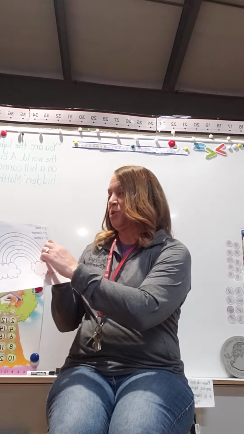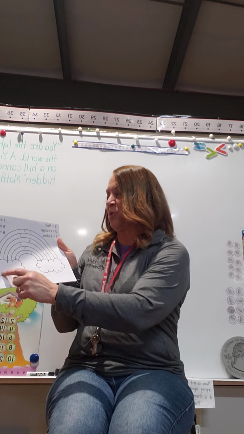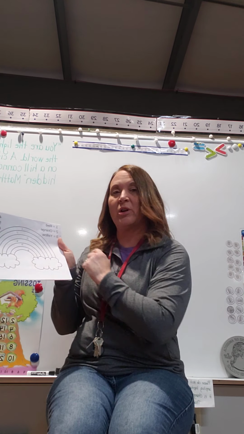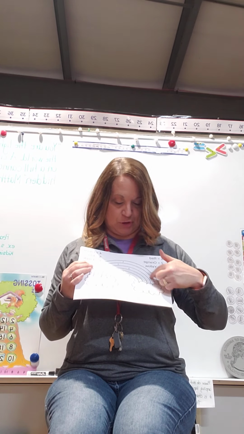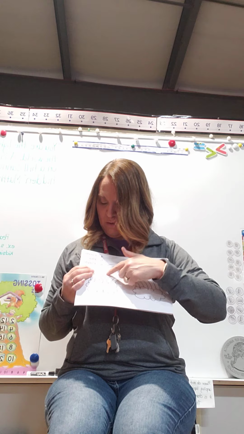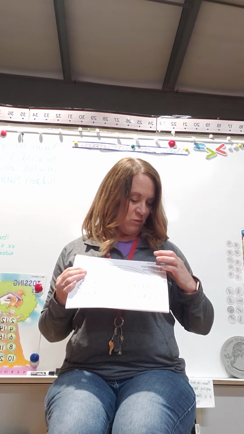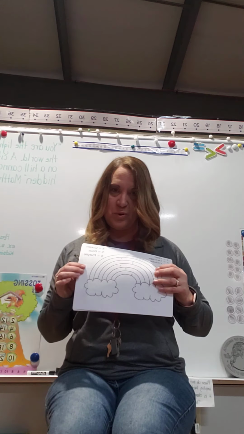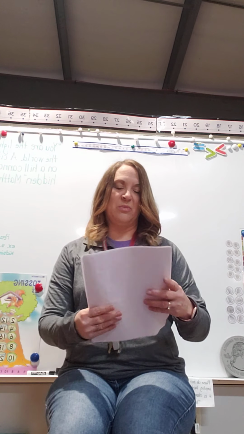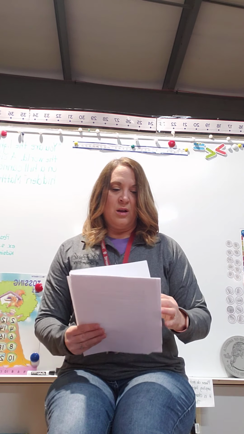So we're going to practice on number 1. You color number 1 red. Number 2 is orange. 3 is yellow. 4 green. 5 blue. And 6 purple. The colors of the rainbow: red, orange, yellow, green, blue, purple. Those are the colors of the rainbow. That is your work for today.